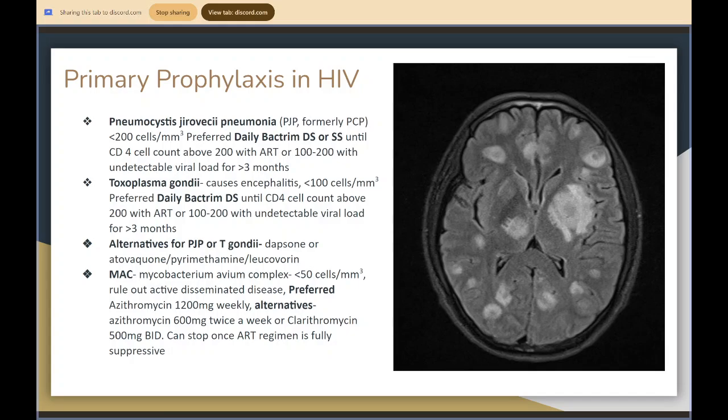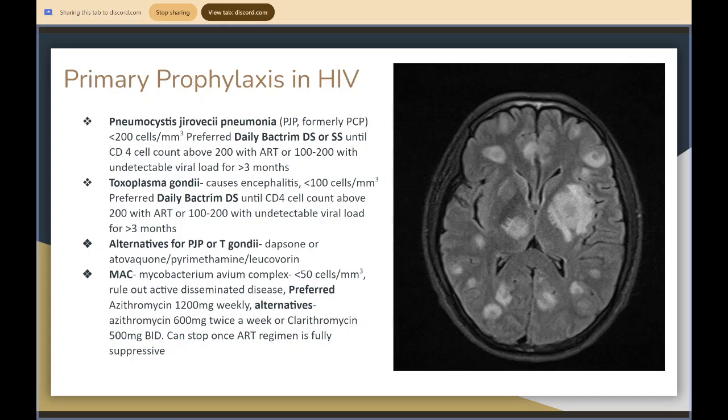Similar guidelines for Toxoplasma gondii. This can cause encephalitis when the CD4 count is below 100. There's a graphic in both RxPrep and Naplex Now where they have a list below 200, below 100, below 50. That is important and very high yield to memorize.